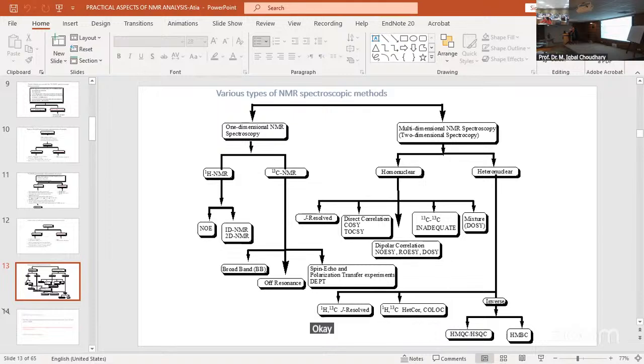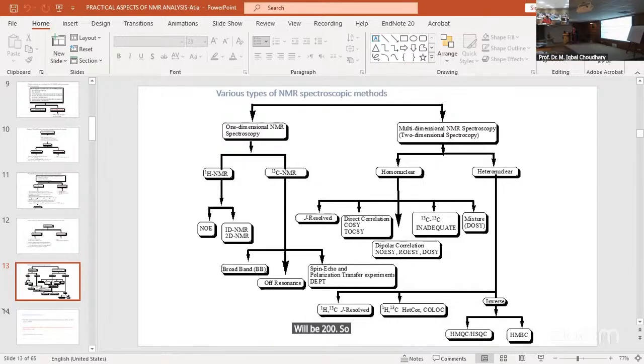So 600 divided by 4 means 150 megahertz. So C13 frequency will be 150 megahertz on 600 megahertz NMR equipment. And for 800 megahertz, divide by 4, 200 megahertz. So C13 NMR frequency for 800 megahertz will be 200.